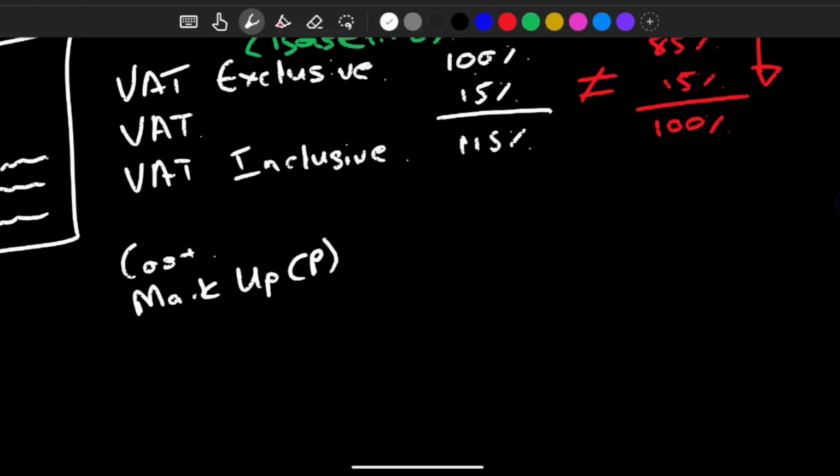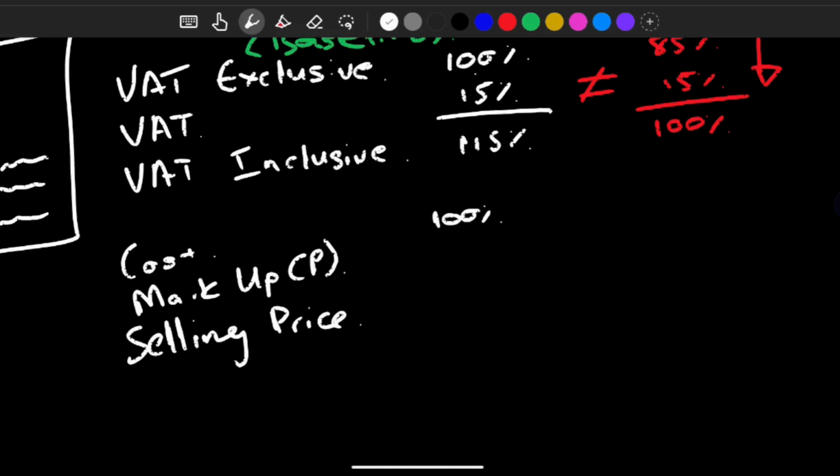I'm just going to write P, which is your profit for that specific item, and then you have your selling price. The difference between selling price and cost is your profit, right? Now your cost will always be 100% because that's the baseline. That's how much you bought the specific product for. You get me?